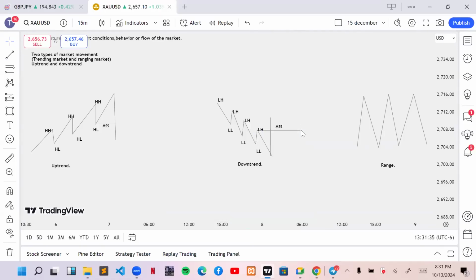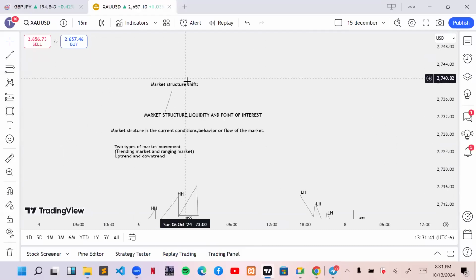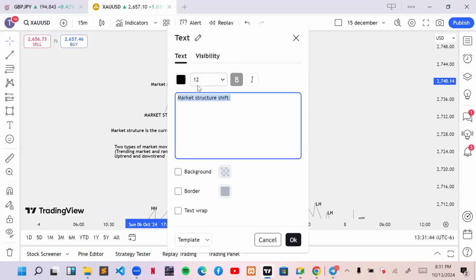Like I said, whenever there's a market structure shift, we're not going to be looking for trades in the same direction. The market structure shift is an indication that the current trend is about to end and the new one is about to begin in the opposite direction.